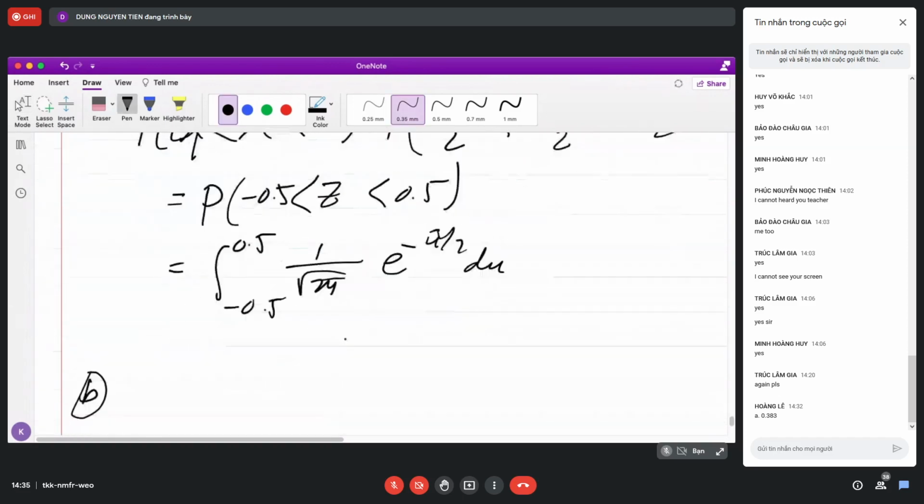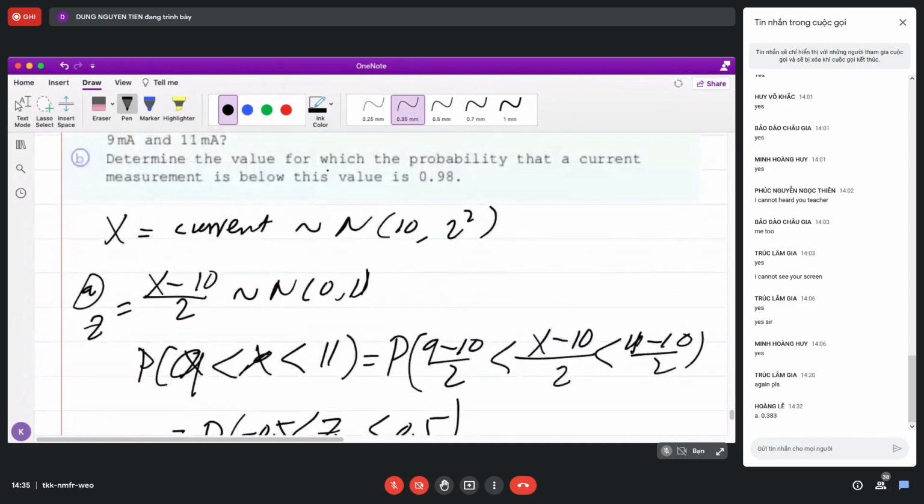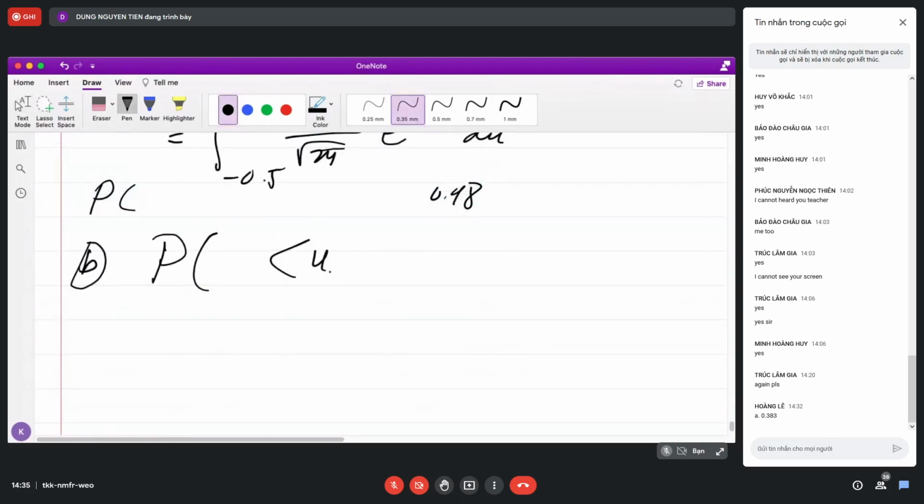Question B. You want to find the value u for which the probability that a current measurement is below this value is 0.98. So I want to find u such that the probability that X is less than u is 0.98.